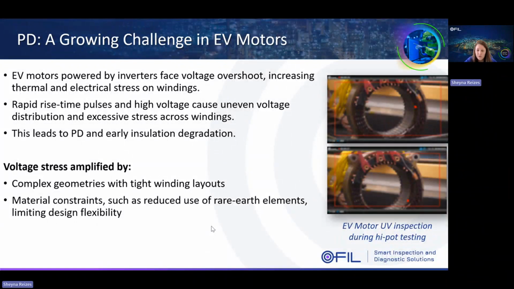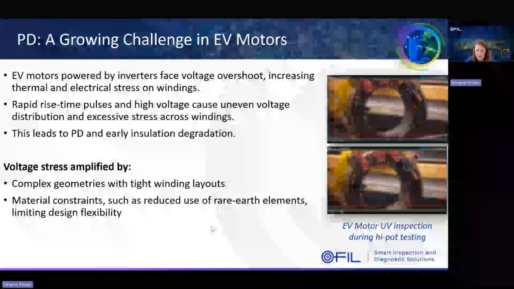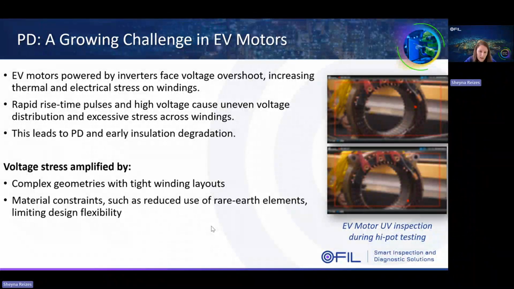Those high pulses cause uneven voltage distribution across the windings and increase both the thermal and electrical stress on the windings. So this voltage stress, combined with complex geometries and material constraints, together those two factors amplify the voltage stress and increase the risk of PD during normal operation of the motors.